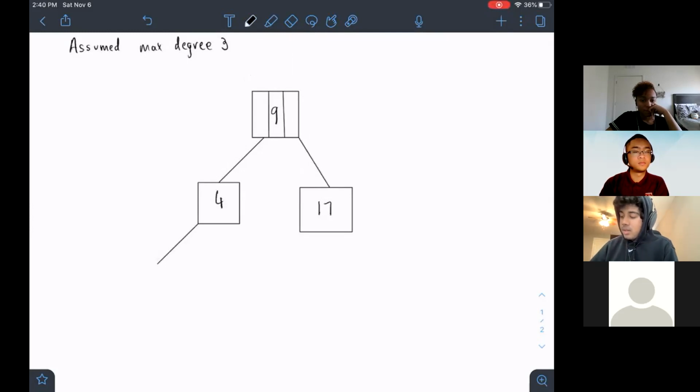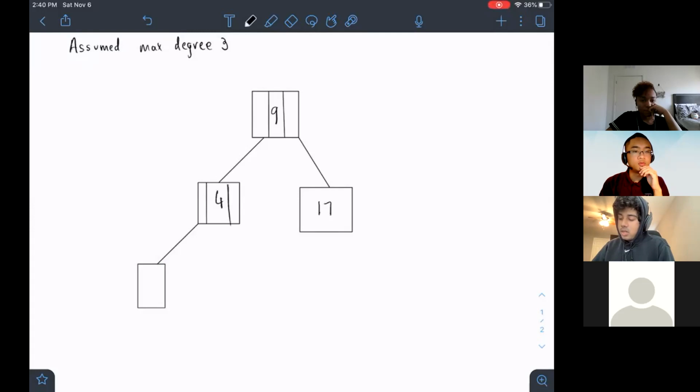Okay. And then here, like that, right? 4, and then to the left of 4 is 2, right? Actually, yeah, to the left of 4 should be 2. Is there something you want to change?